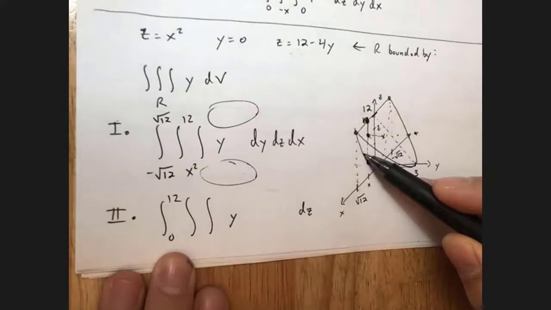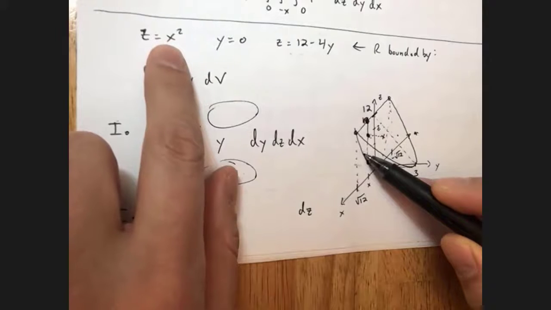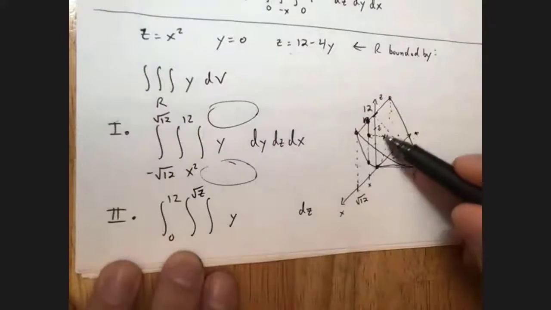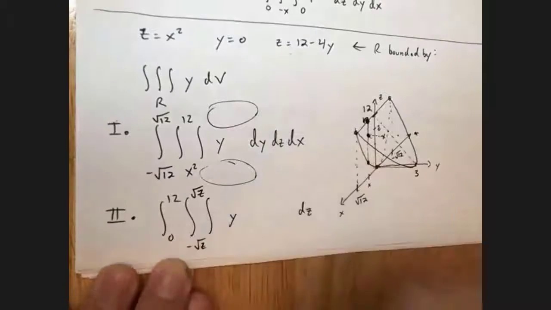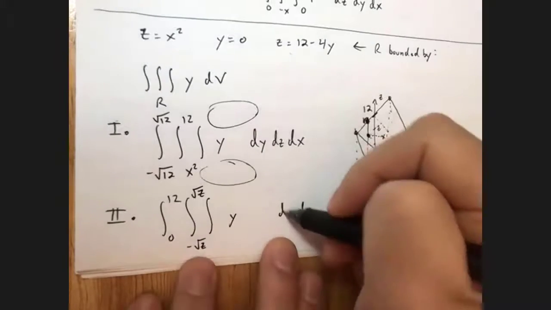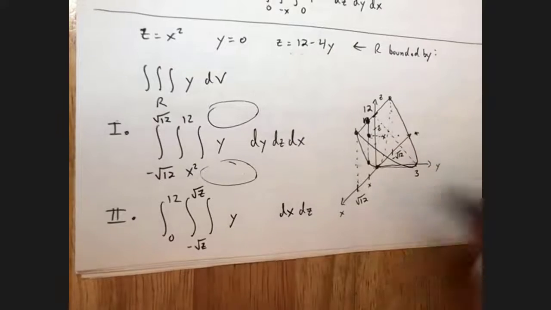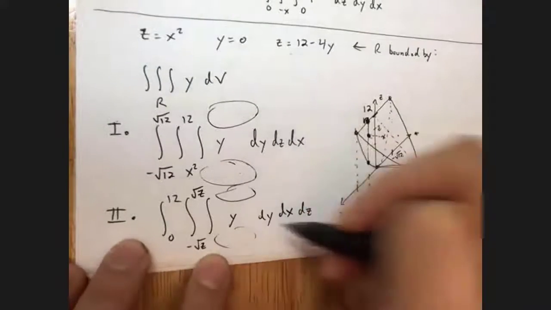If you just solve this equation for x, you get x equals square root of z. And in the back, it goes to minus root z. So that was what my x ranged from. And then y, same thing, right? Y behaves the same way it did in the integral above.